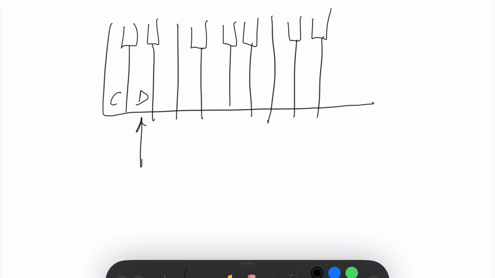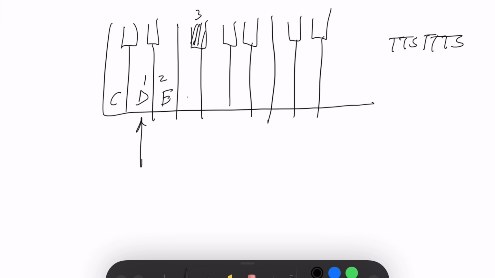And remember the rule: tone, tone, semitone, tone, tone, tone, semitone. So I'm going to move faster right now. Between the first and the second is a tone. So we put it there, E, 1, 2. Between the second and the third is another tone. In this case, we cannot write F. We're going to write F sharp. So this will be our third note, because we need a tone distance.